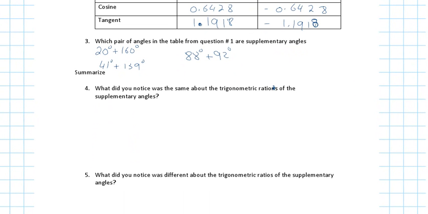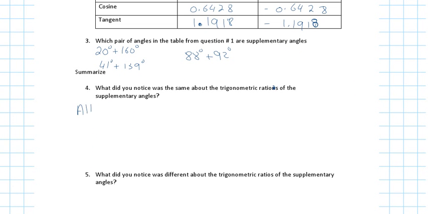Okay? So let's write that down. So all ratios, sine, cosine, and tan, are positive for the acute angles.